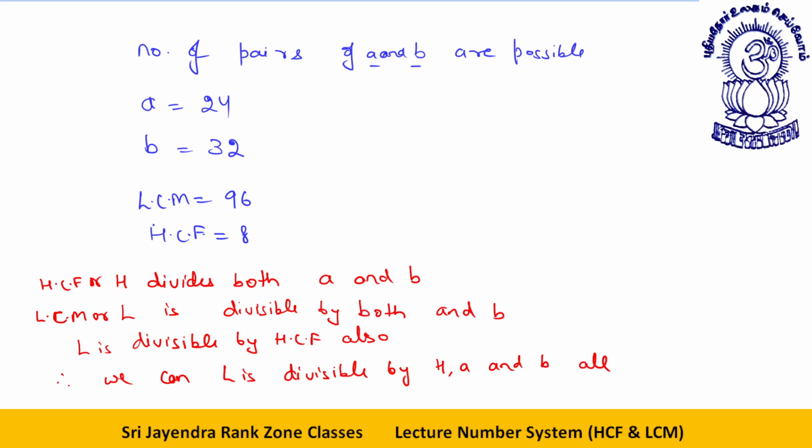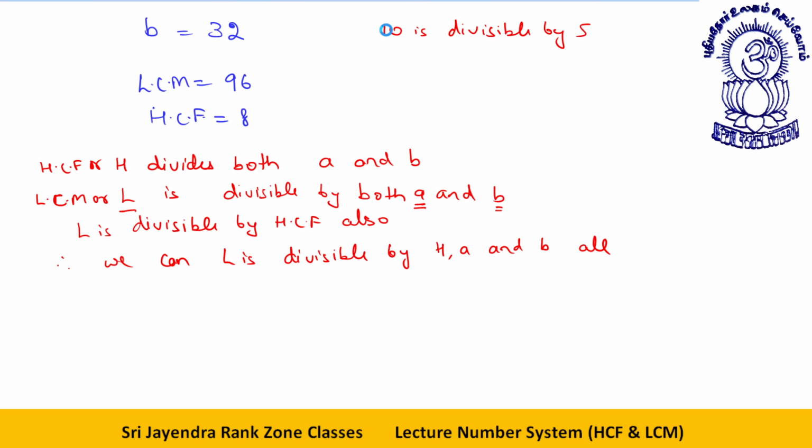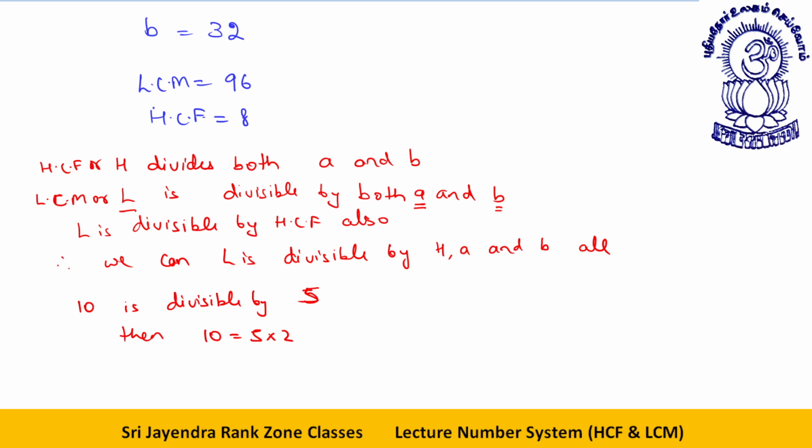Now see students, when I say L is divisible by both A and B, see, when I say 10 is divisible by 5, so how is 10 expressed? 10 is equal to 5 into 2, or I can say 10 is equal to 5 into some number x.